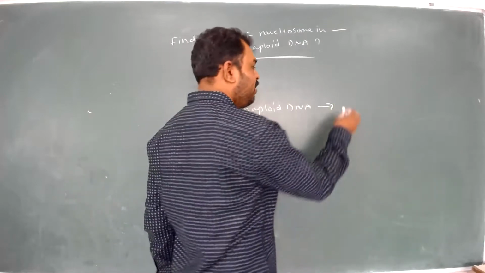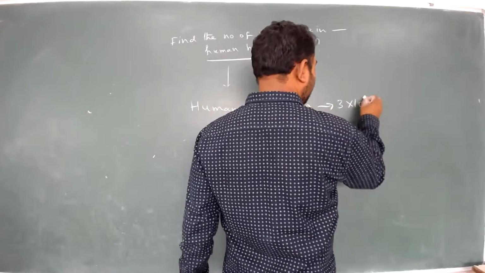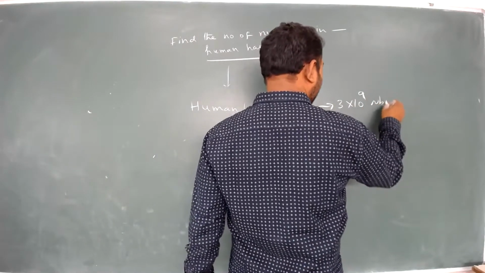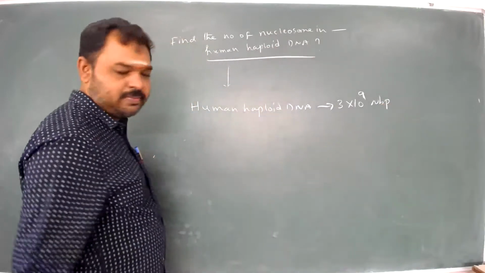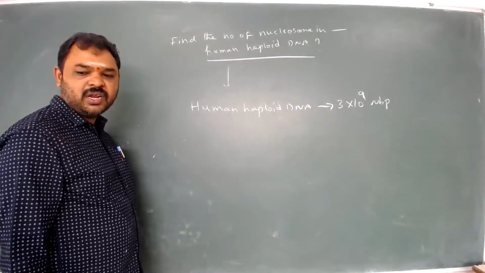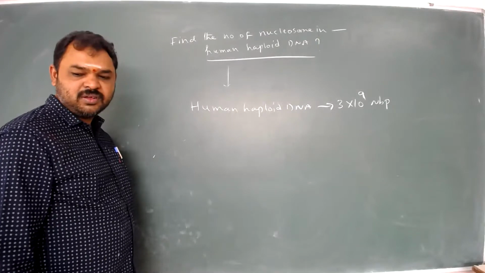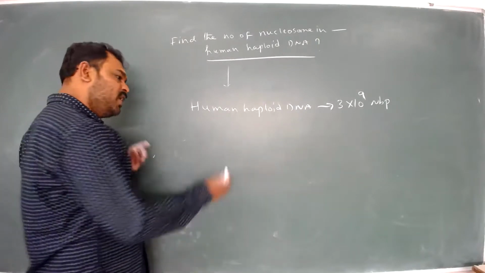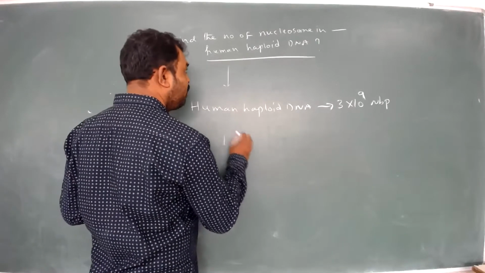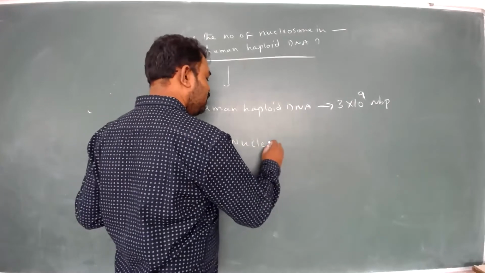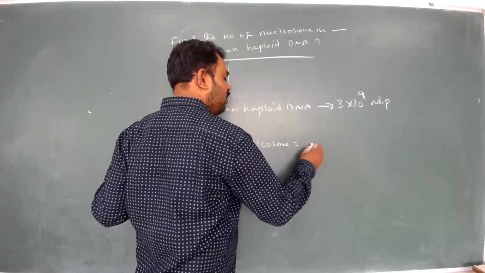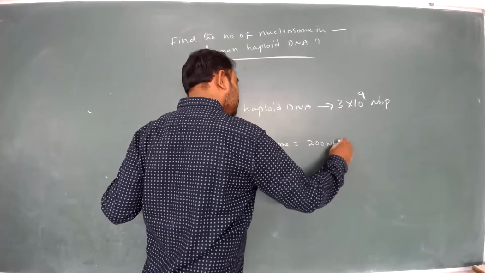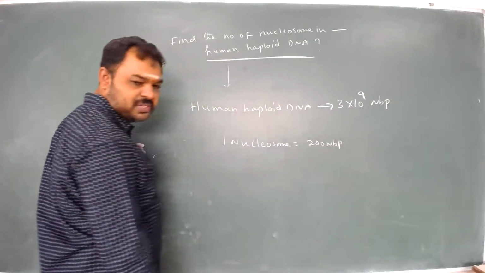Human haploid DNA equals 3 into 10 power 9 nucleotide base pairs. So one nucleosome equals how many nucleotide base pairs? 200 nucleotide base pairs.